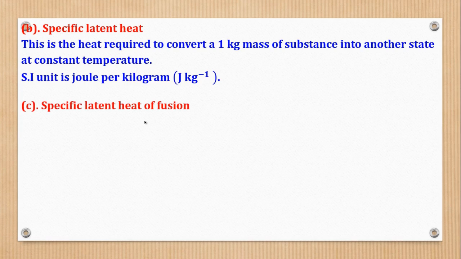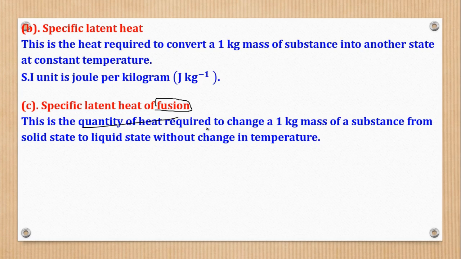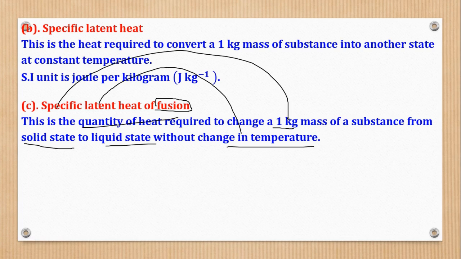What about specific latent heat of fusion? Now they have added the word fusion. We shall say that this is the quantity of heat required to change 1 kilogram mass of a substance from solid state to liquid state without changing temperature. Like I said, for latent, the keyword is temperature has to be constant. For specific, the keyword is mass has to be 1 kilogram.